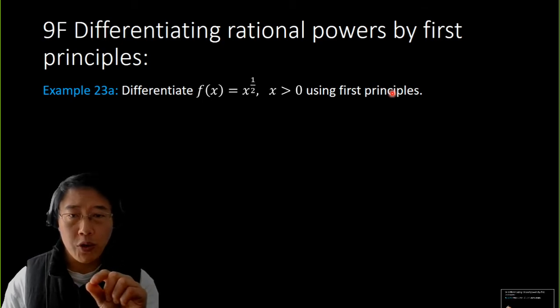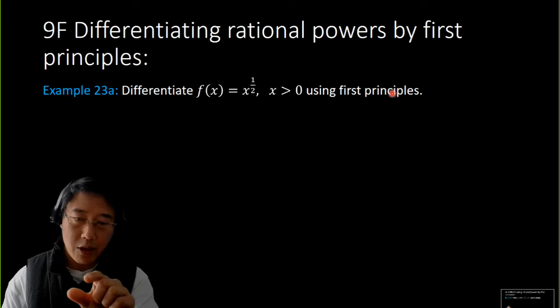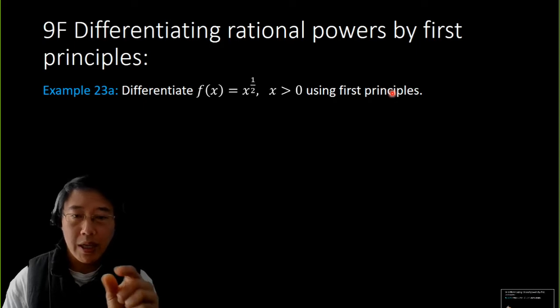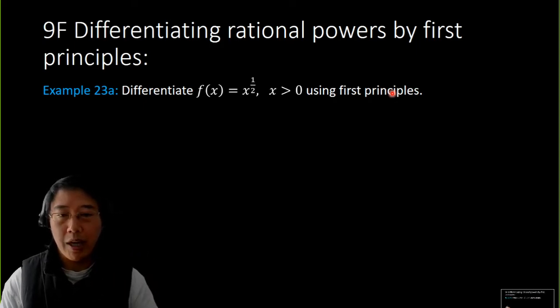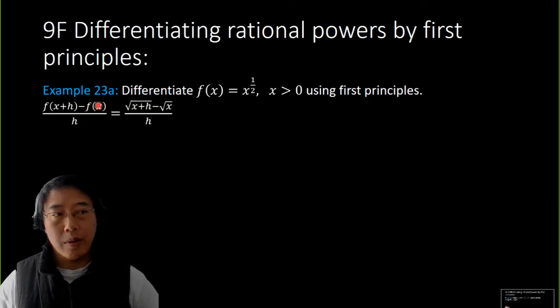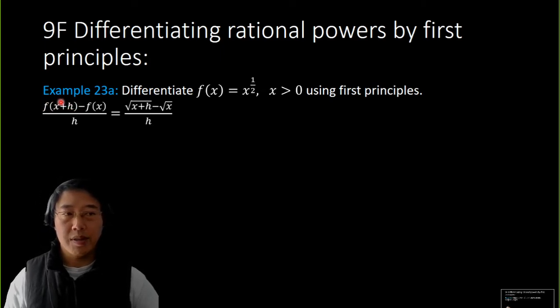The first point is x, f of x, and the second point is slightly on the right, where you add h, so it's going to be x plus h, and the y coordinate will be f of x plus h. So f of x is the y coordinate of the first point. The f of x plus h is the y coordinate of the second point.